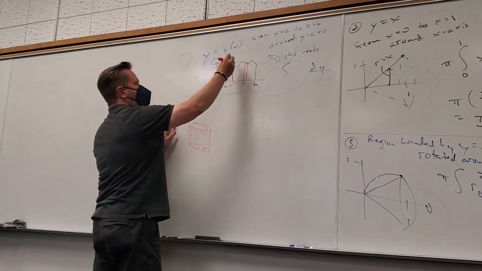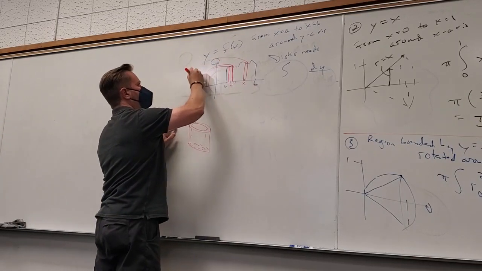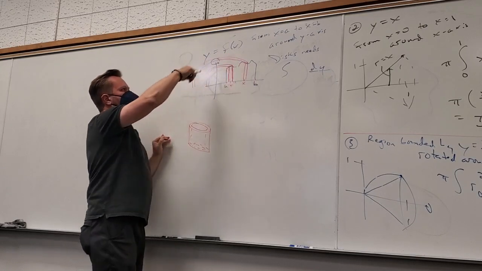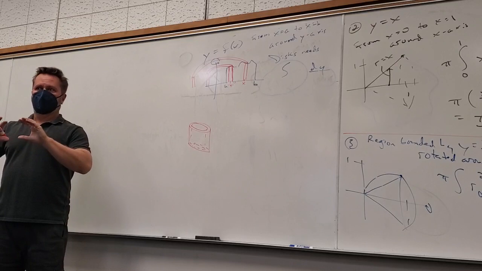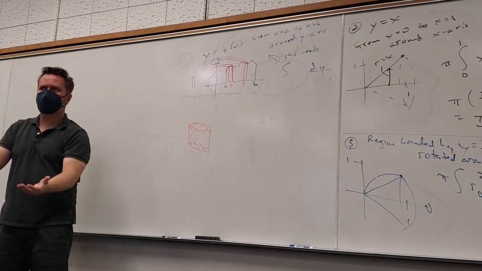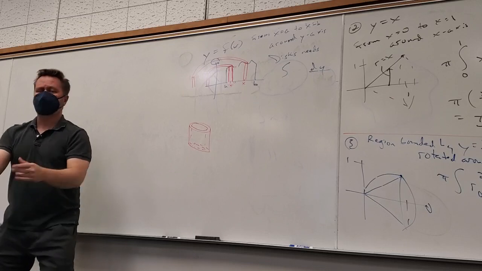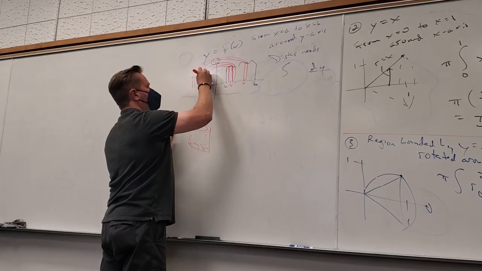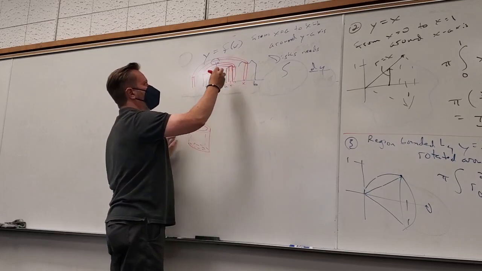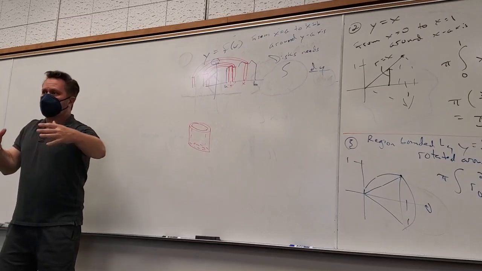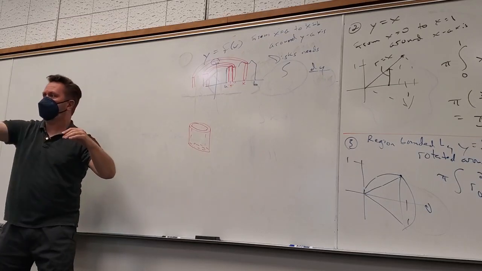Now, if I take every shell that is created and I add all their volumes up, won't I get the volume of the giant lifesaver-looking thing? If I take every shell that I can make, my drawing's horrible, but if I add the volumes of each shell together, am I not going to end up with the volume of the whole thing?